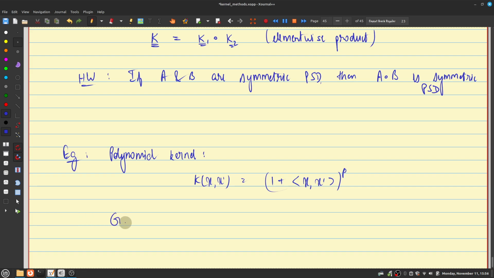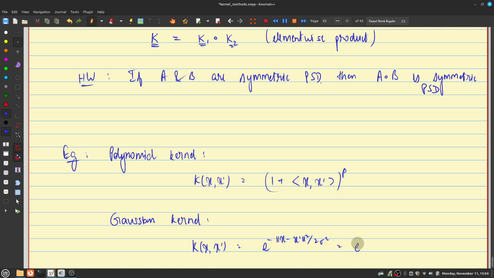Okay, what about the Gaussian kernel? K of x, x prime is e to the power minus norm of x minus x prime squared by 2 sigma squared.